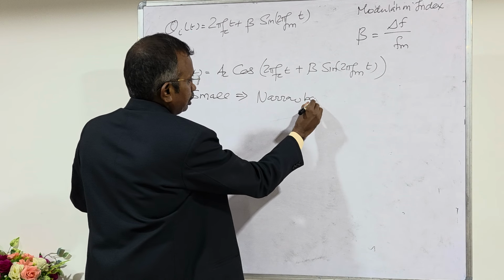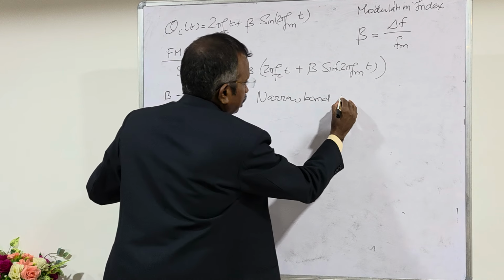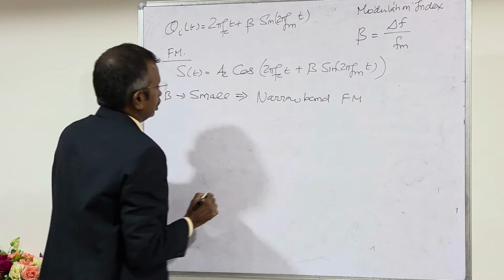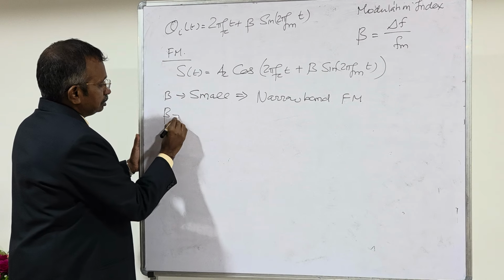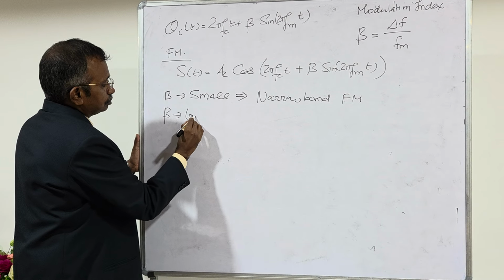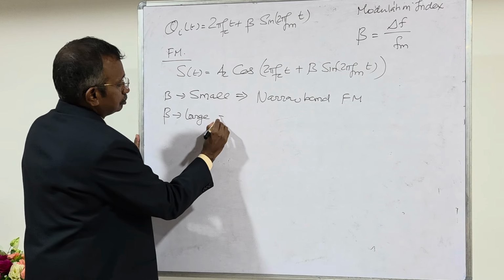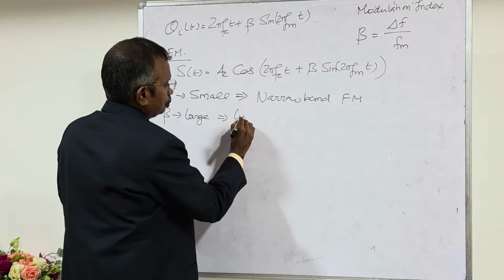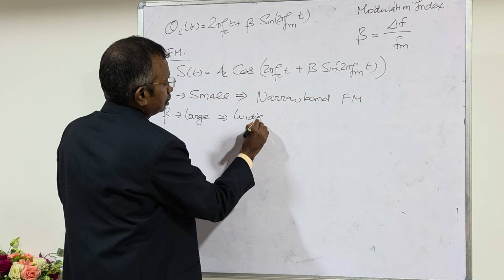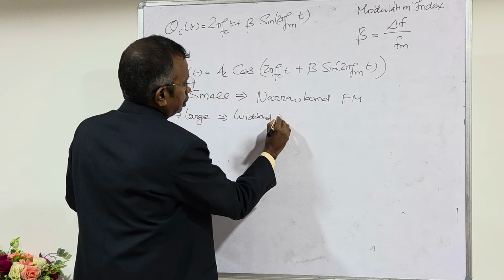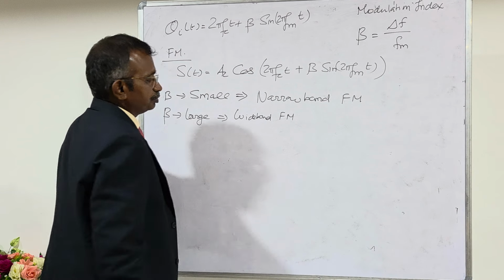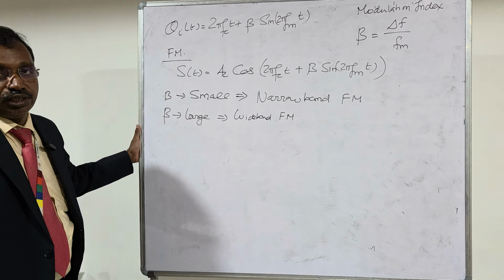When beta is large, this is called a wide band FM signal.